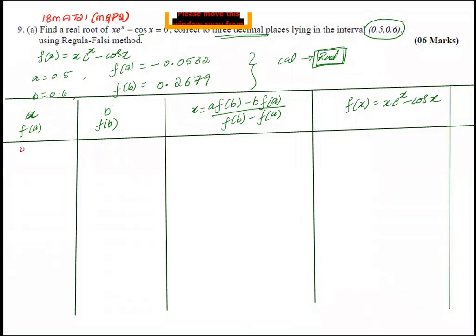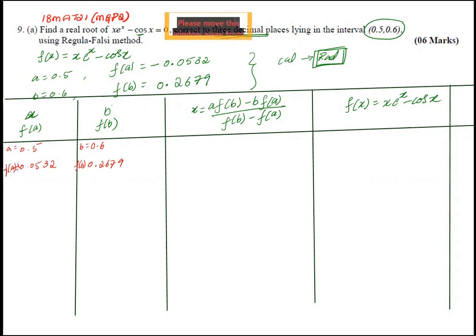The value of a is 0.5, f of a is minus 0.0532, and b is 0.6 and f of b is 0.2679. So b, f of b positive, a and f of a, negative value.